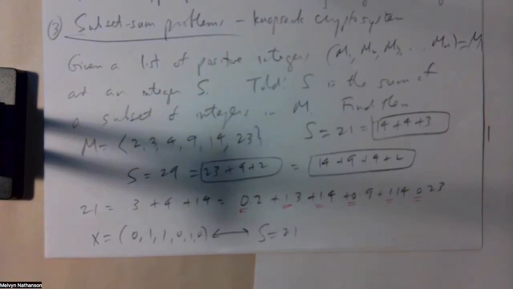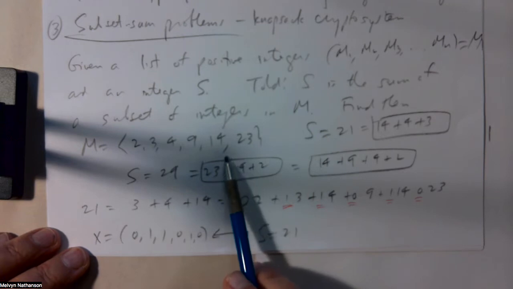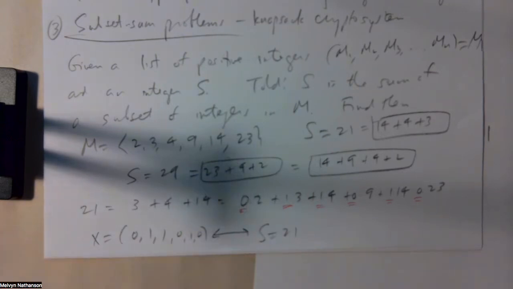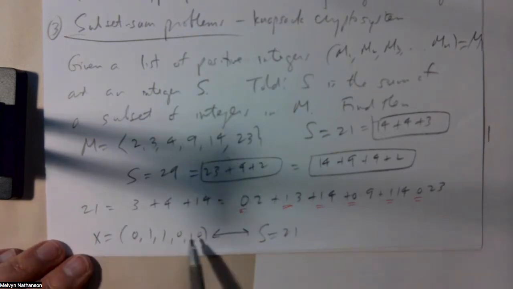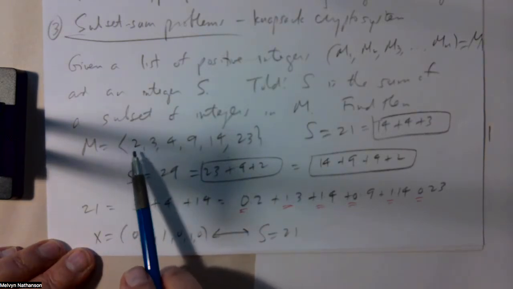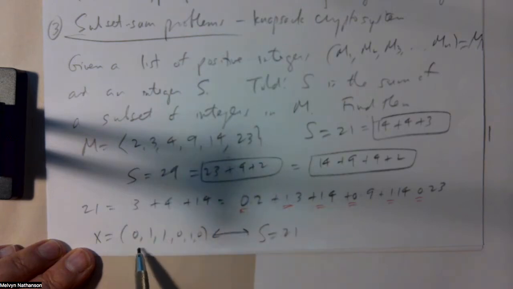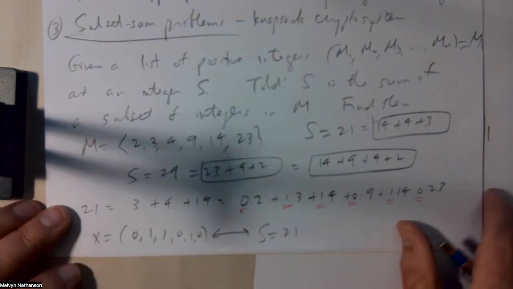So another way of describing a subset sum of a finite sequence M is you take a sequence of zeros and ones, and that tells you the corresponding sum of the elements of M multiplied by the appropriate 0 or 1.